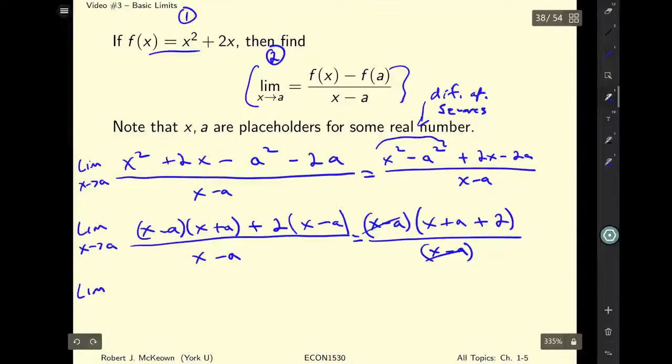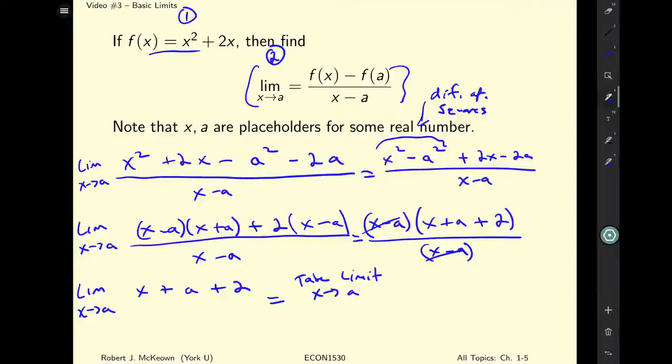Write my limit again. And we've got x plus a plus 2. Now I'm going to take the limit as x approaches a. So wherever there's an x, I'm going to put in an a.